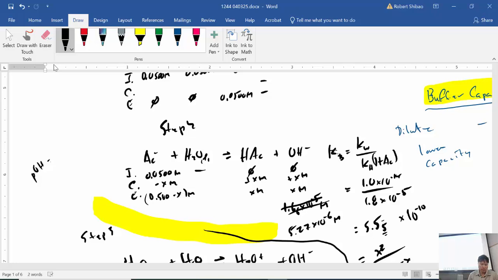The log of that gives a pOH of 5.278, which gives me a pH of 8.721. We're allowed 2 sig figs, so this rounds to 8.72. Yes, the pH did change a little bit, but once we round it, it came out the same.